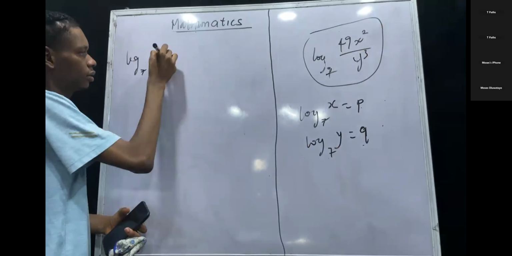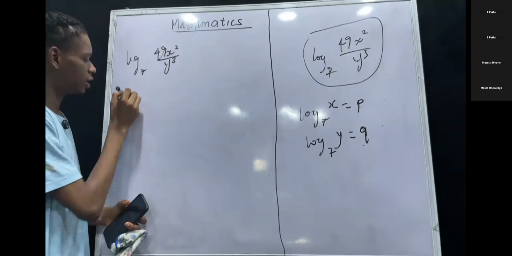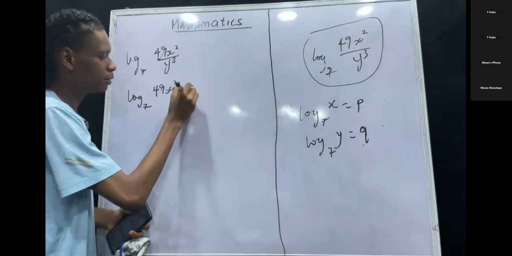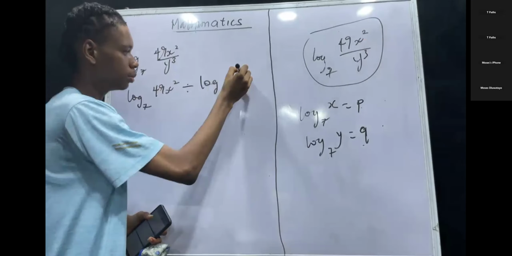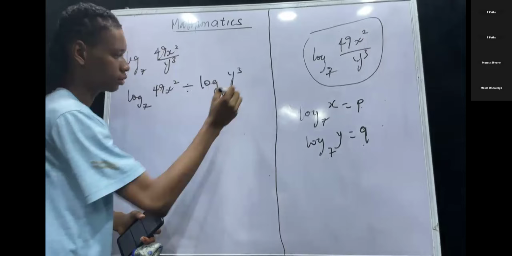The first thing is I'm going to divide this one after the other. So this is the same as log 49x squared to base 7 divided by log y cubed to base 7. What did I do? I simply divided this value here. All right, that was what I did.